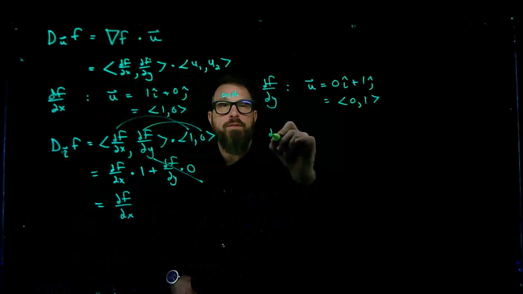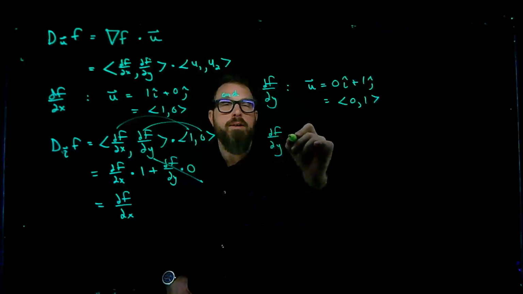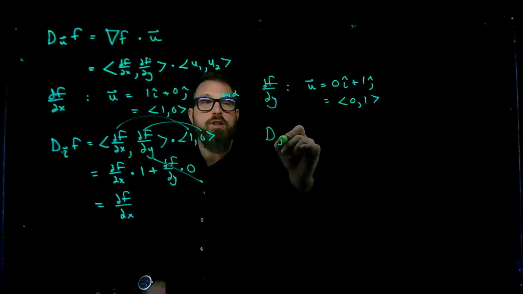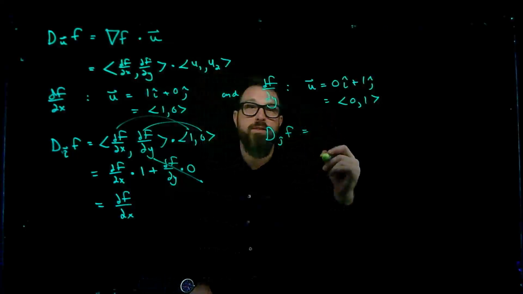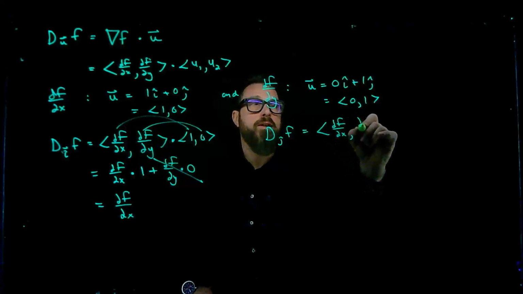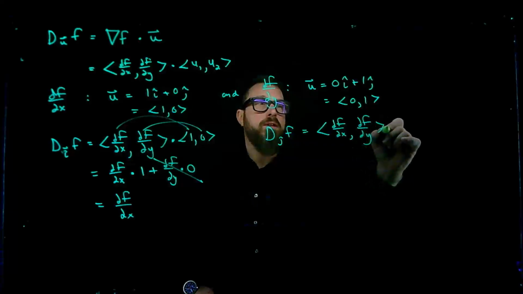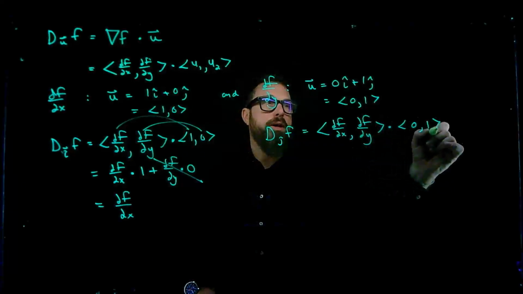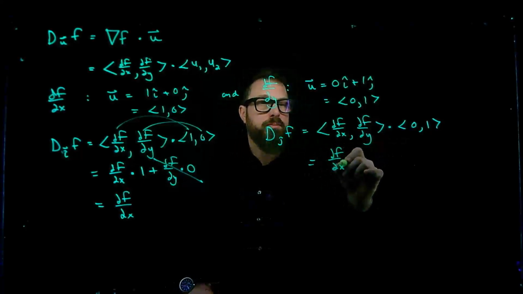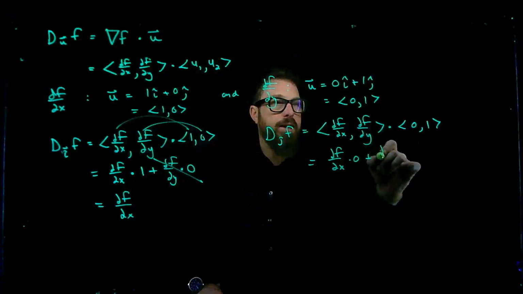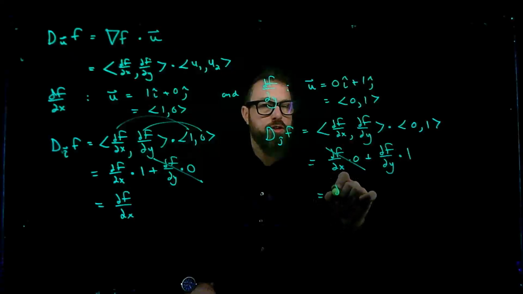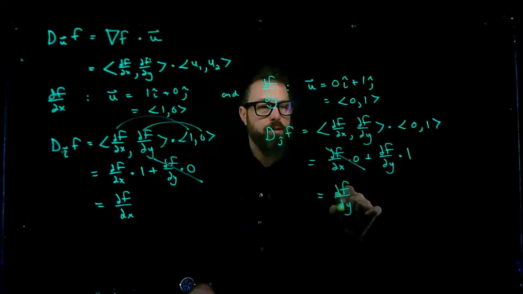And then very similar, if I want to find df dy, the derivative in the j direction of f, well, this is going to be the gradient of f dotted with (0, 1). We can see that df dx times 0 plus df dy times 1, that first term goes away, so this just gives us the derivative with respect to y.